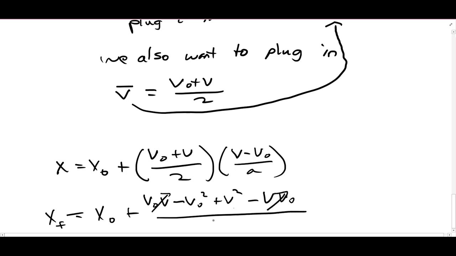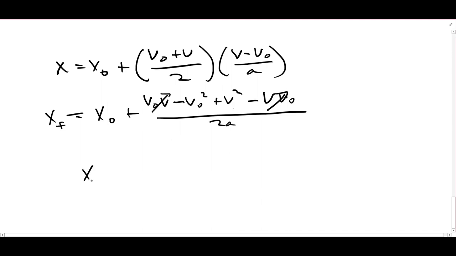And this is all over 2a. So now we get our final equation, x final equals x initial plus (v final squared minus v initial squared) over 2a.